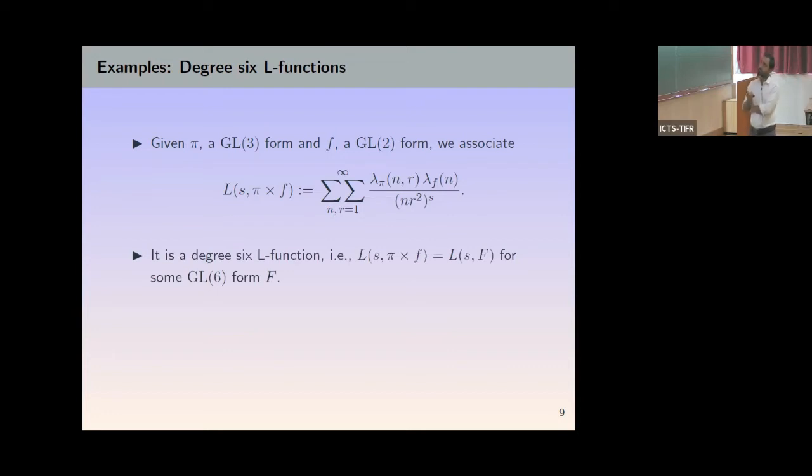It is automorphic, and in fact it is shown that L(s, pi times f) is the same as L(s, F), where F is some GL6 automorphic form.